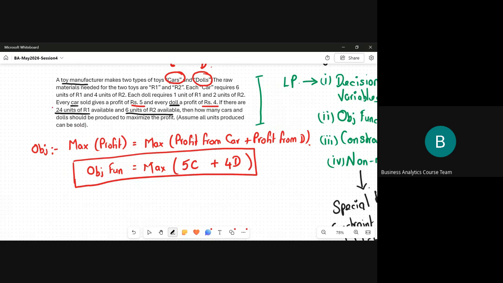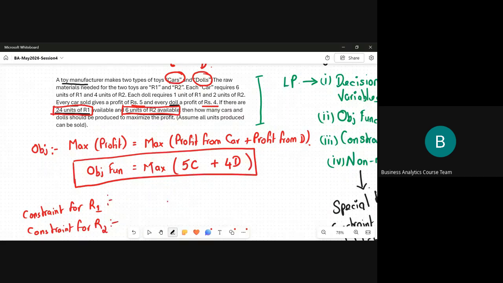So the availability of R1 and R2 are going to be my constraints, right? So a constraint for R1 and a constraint for R2. So there are going to be two constraints.